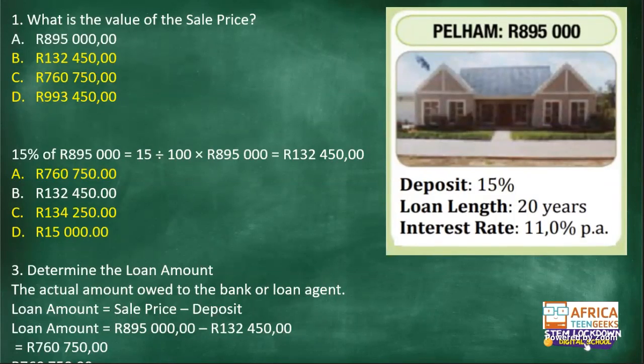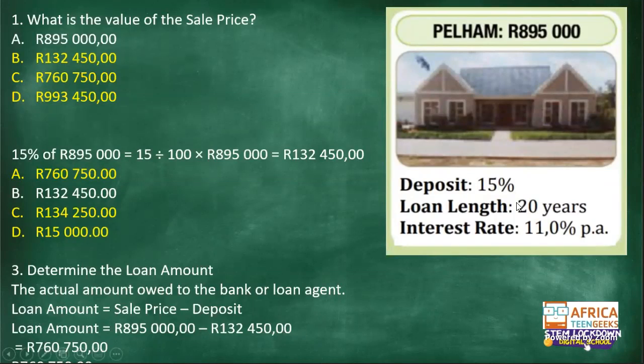So it's very important that you know that whatever amount you'll be requested to pay as a deposit is the correct amount. So for you to determine whether it is the correct amount, you must then multiply, and of course the formula there. So you can say that 15% of 895,000, and that will be the same as 15 over 100. And of course, you multiply that by 895,000.